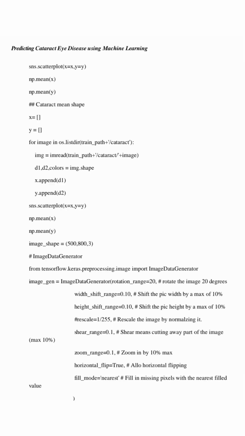We are using x and y for the normal mean shape, x for normal and y for abnormal, and x and y for the cataract mean shape. We have to generate the image data. For that, we are using TensorFlow and Keras preprocessing: image data generator, rotation of images.